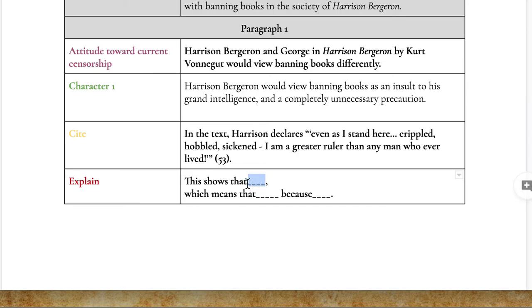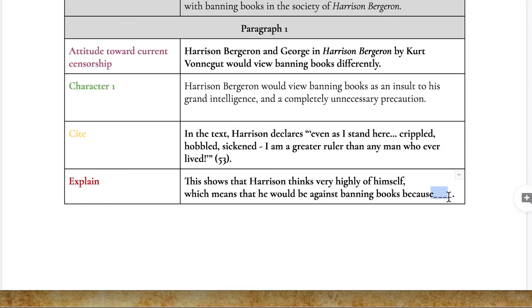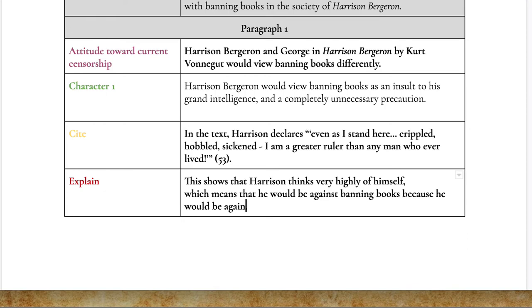And I'd say this shows that Harrison thinks very highly of himself, which means that he would be against banning books because he would be against anything that limits his remarkable intelligence. And those books help him to become that greatest man who has ever lived.